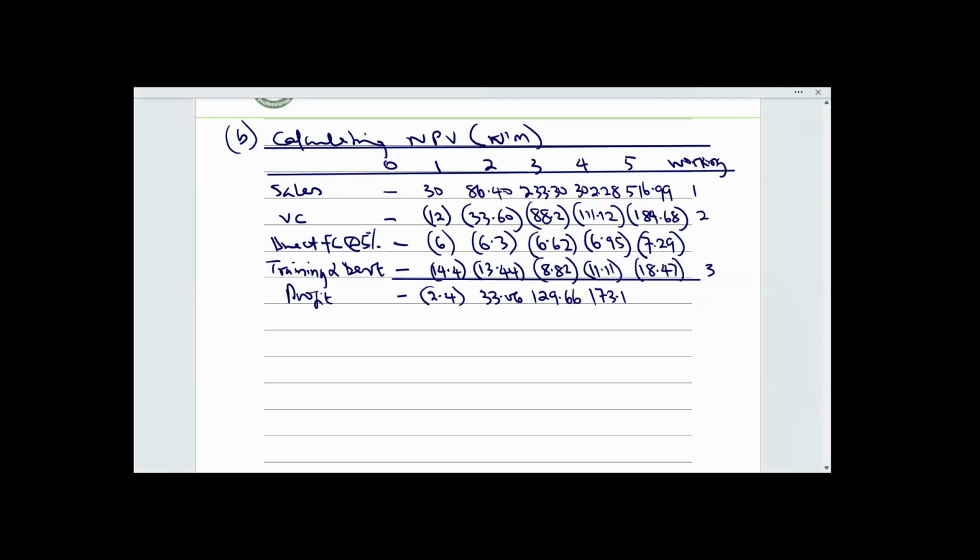Okay, next one, year 5. We have 516.99 minus 184.68 minus 7.29 and then minus 18.47 equal 306.55. 306.55.